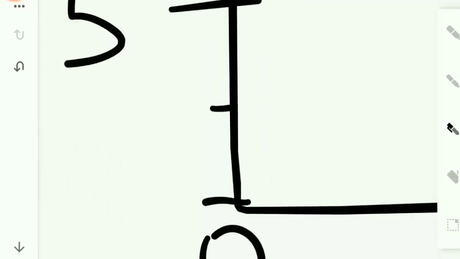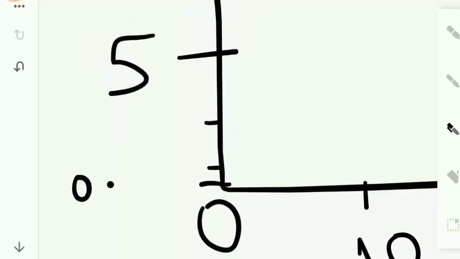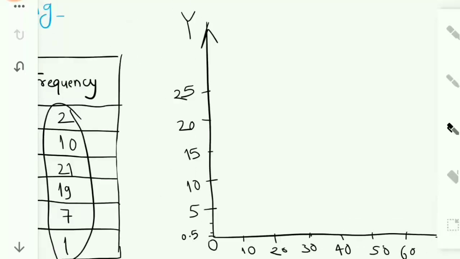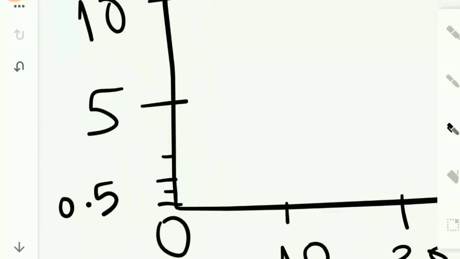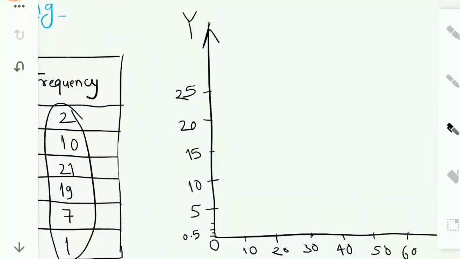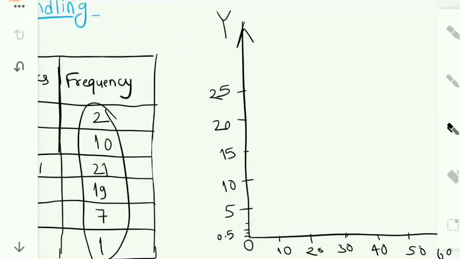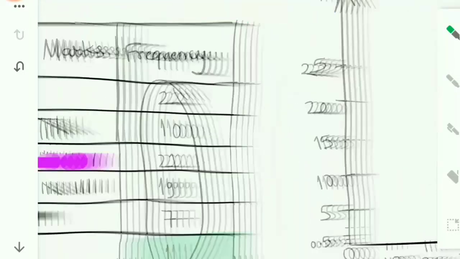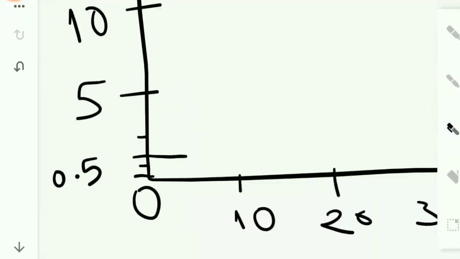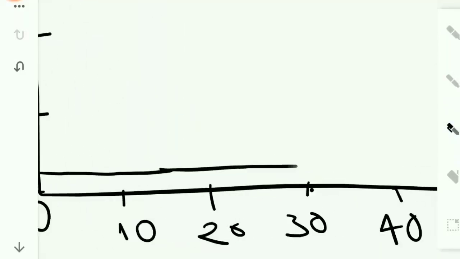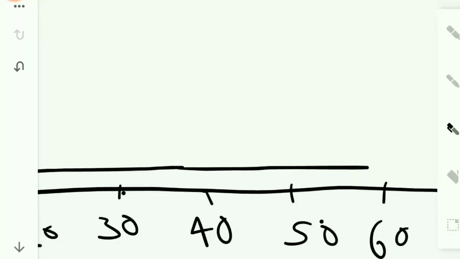So the smallest mark will represent 0.5 marks, and two small marks together will represent 1 mark. So now I have to plot this number here, 1, which is 50 to 60. Then I can plot it right over here, 50 to 60.